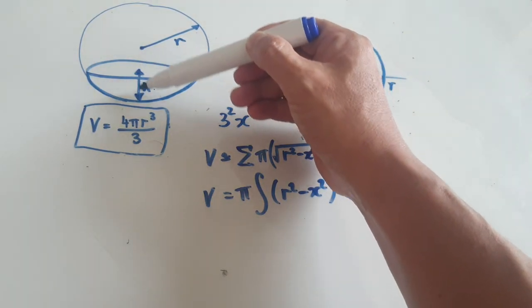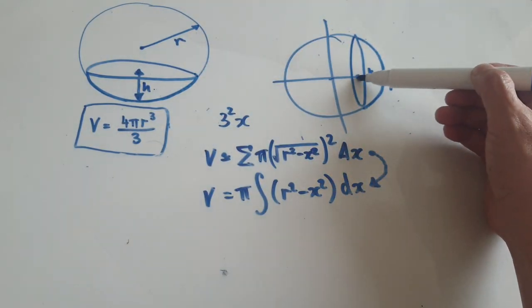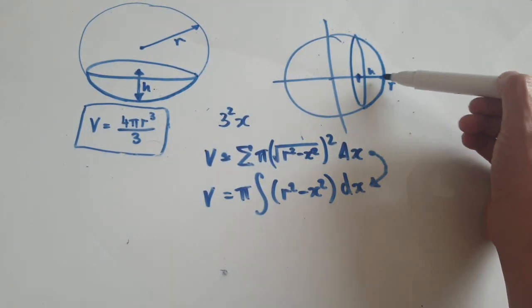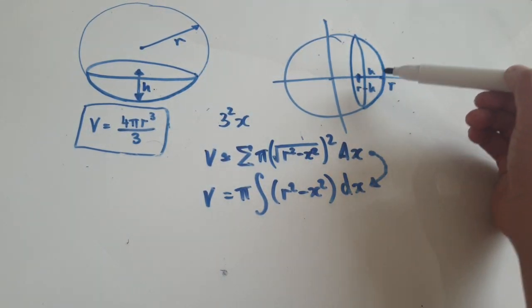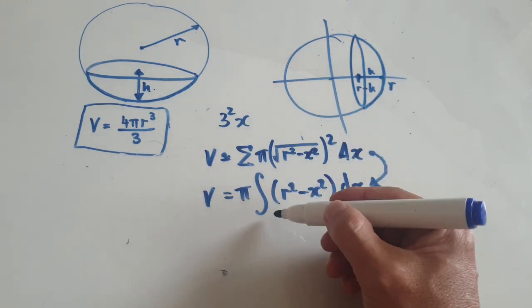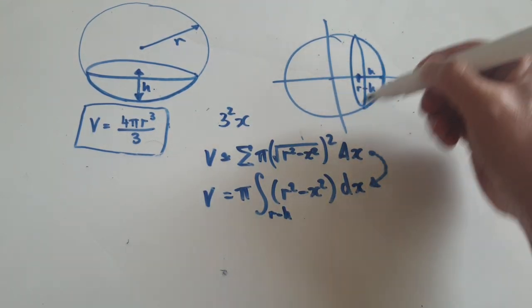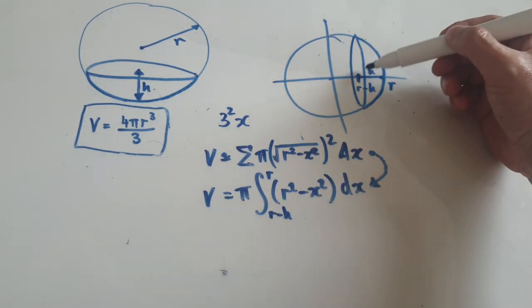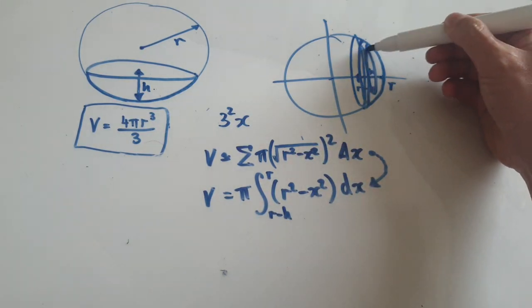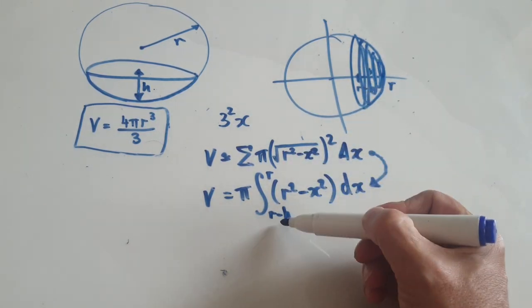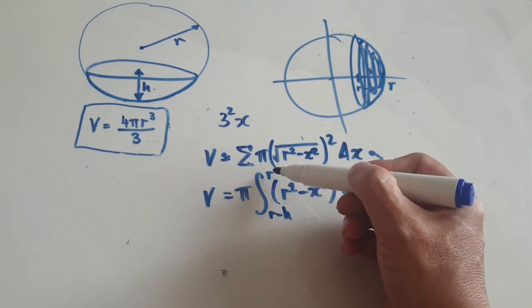That's this height here. So this location here must be r minus h. So we're integrating it from r minus h to r, because we're summing up all these disks here.